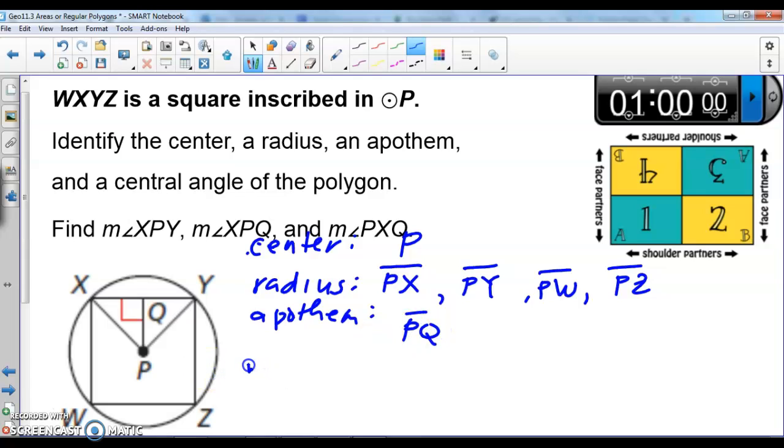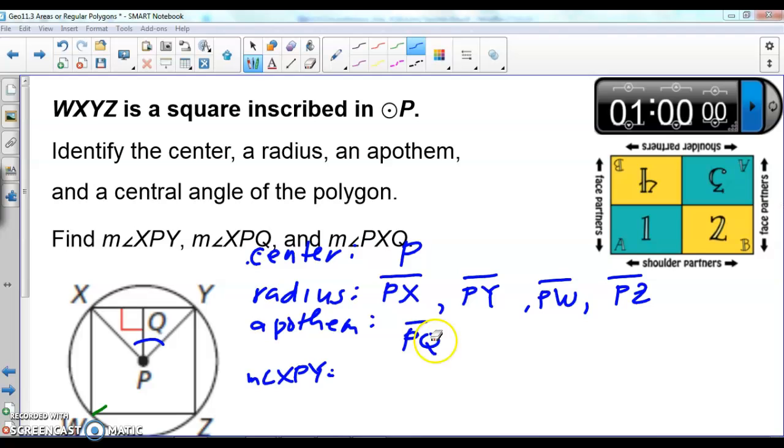Now how are we going to find the measure of angle XPY? Divide 360 by 4. Now why divide by 4?